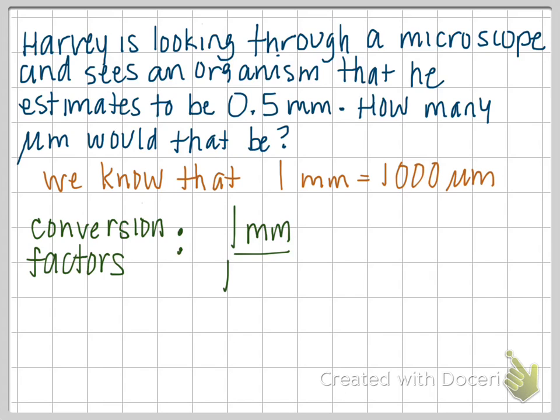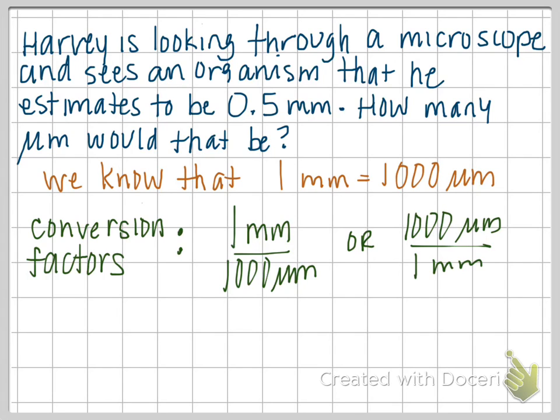And you should have written 1 millimeter over 1,000 micrometers, or 1,000 micrometers over 1 millimeter. Both fractions represent 1, so we can use them to do the conversion. And the next thing I want you to do is write the formula that we use to do the conversion.